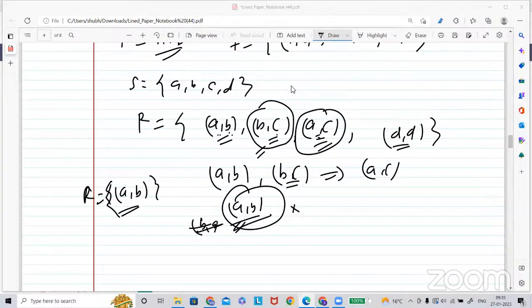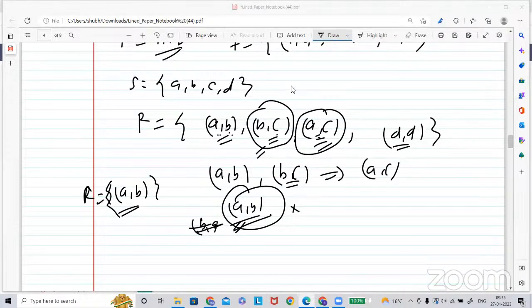So A comma A should be there, B comma B, C comma C. Then you will say reflexive. If any one is missing, then it is not reflexive.